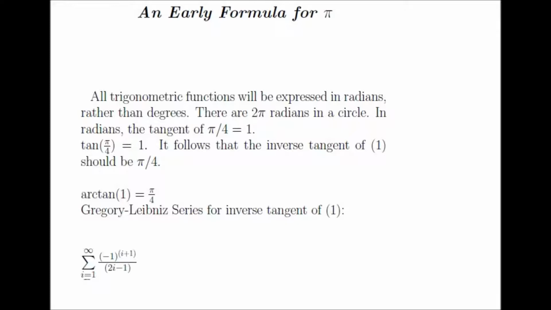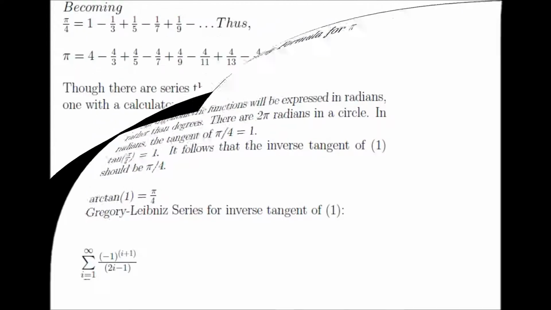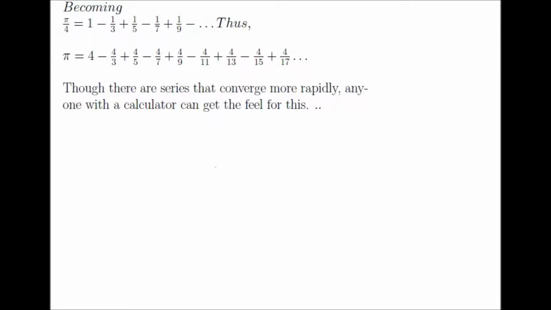The Gregory-Leibniz series for inverse tangent of 1 is as follows. The sum, from i equals 1 to infinity of -1 to the i plus 1 power, all divided by 2i minus 1 equals pi divided by 4. Multiplying this by 4 gives pi.